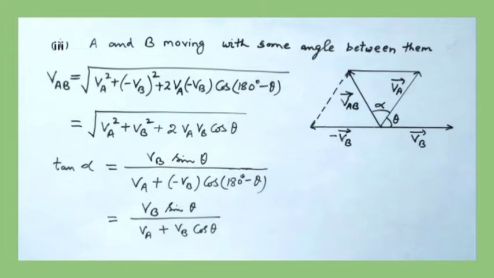And tan alpha is equal to VB sin theta divided by VA plus minus VB into cos 180 degree minus theta, which is equal to VB sin theta by VA plus VB cos theta.